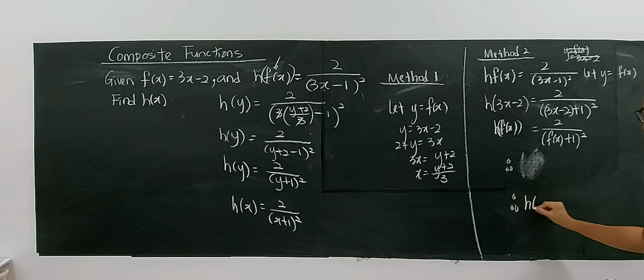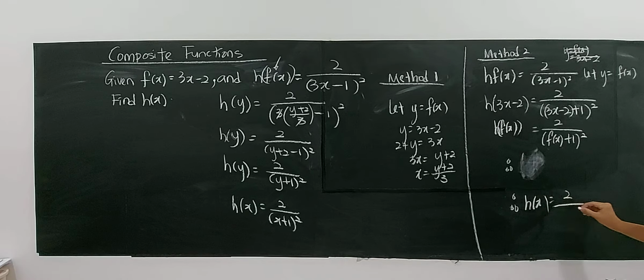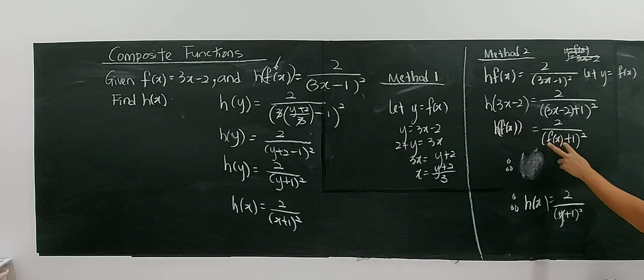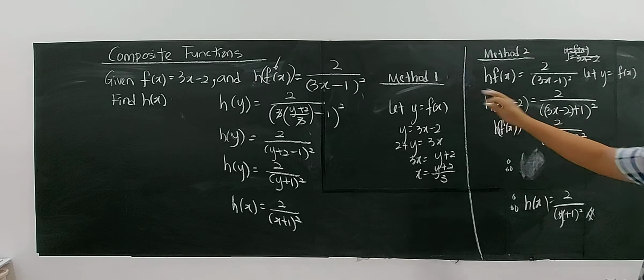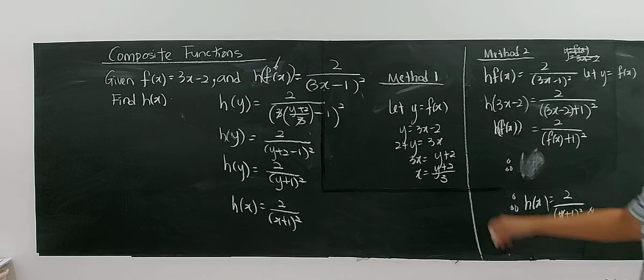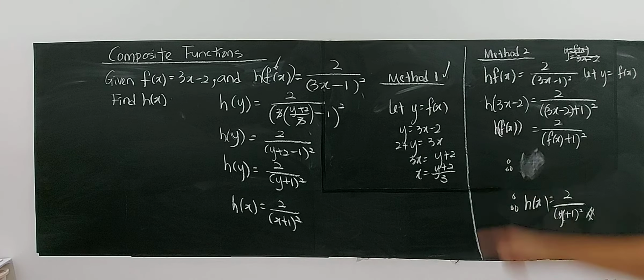Therefore h(x), just like h(y), equals 2 over (x plus 1) squared. It's the same thing. You try to simulate so that you can get your h(x). But method 1 will be the best. If you don't want to take any risks, this will be the best. All right.